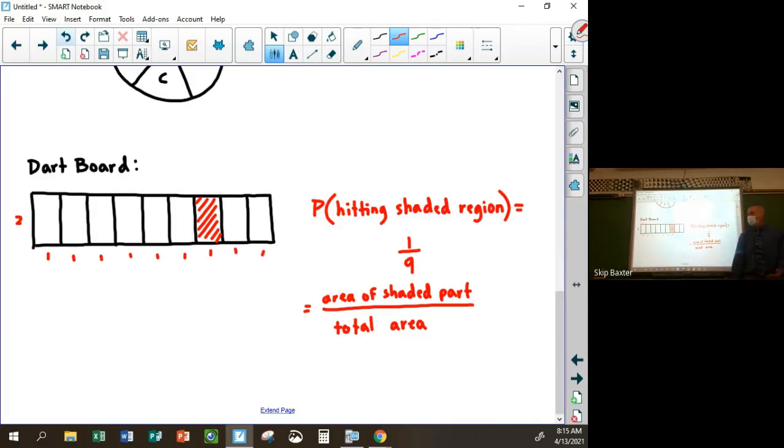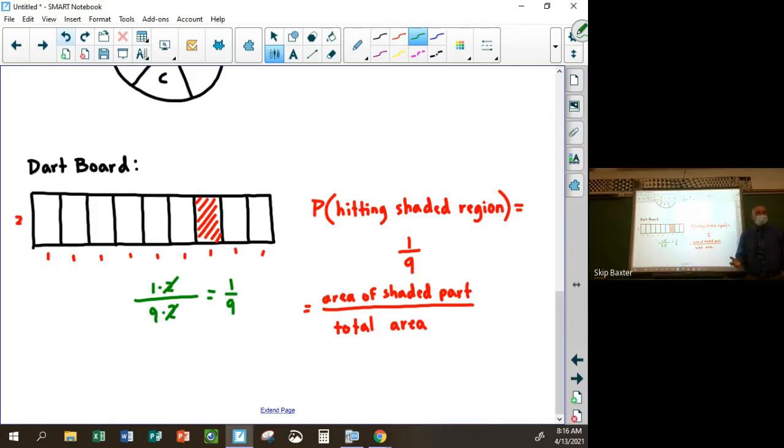I could have actually calculated the areas and said, okay, so the shaded area is 1 times 2, and the total area is 9 times 2. And I could have just simplified this fraction and said, oh, okay, so the probability is 1/9.